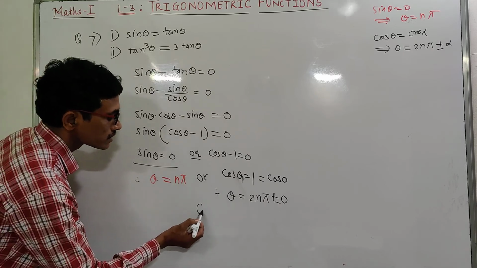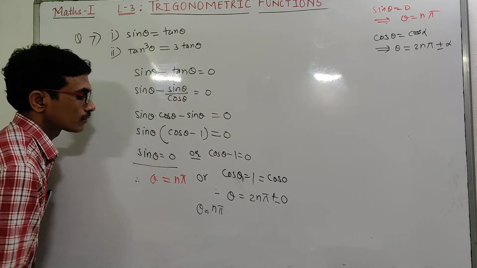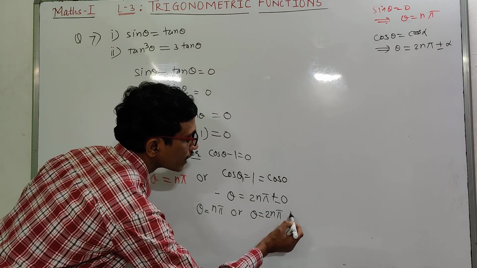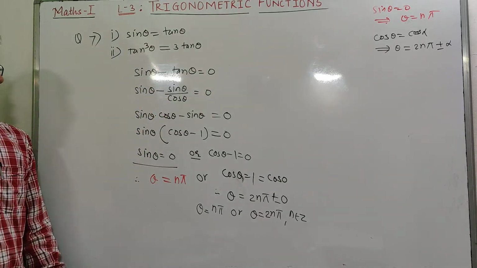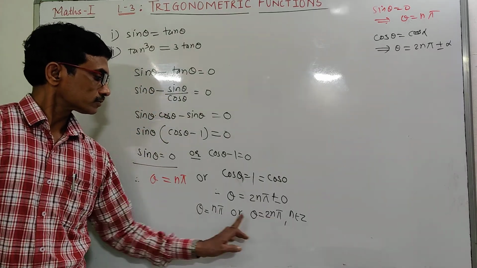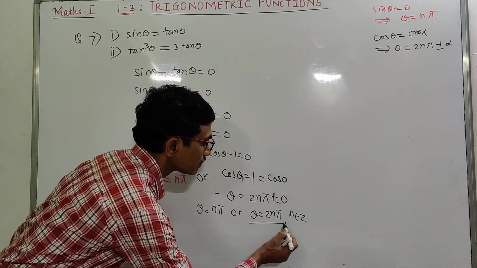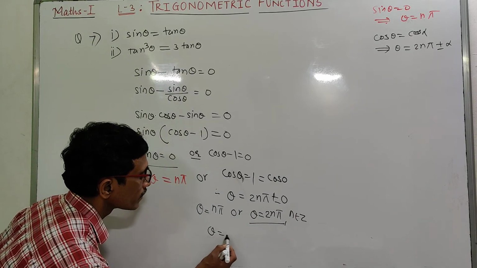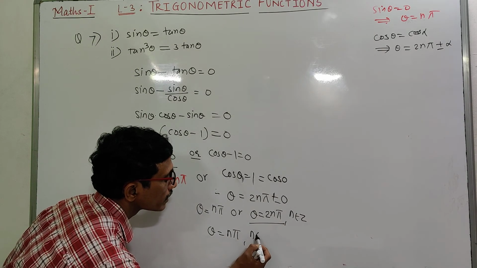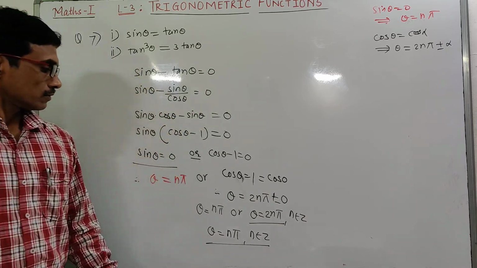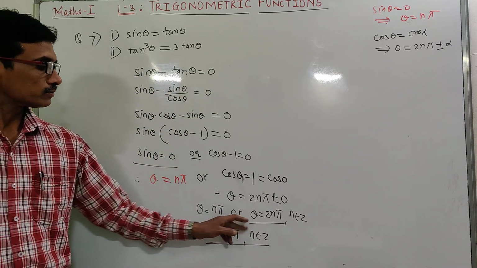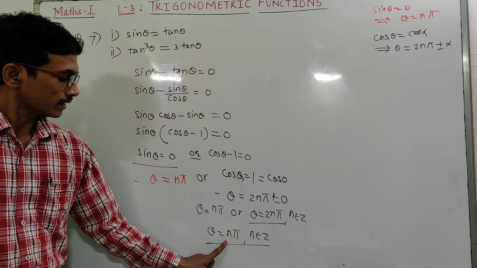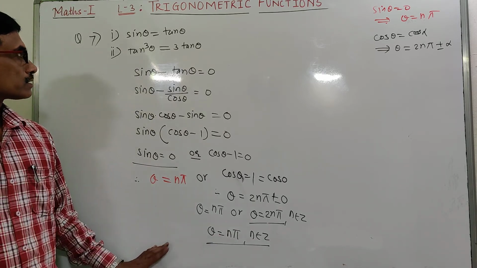Thus we are getting theta is equal to either n pi or theta is equal to 2n pi, where n belongs to z. But if n is even, then we are getting this, so no need to write this, and these are the same. So we simply write theta is equal to n pi only, where n belongs to z. As n is an integer, if n is even it will be the same solution. So instead of writing this, we write only theta is equal to n pi. This is the first answer.